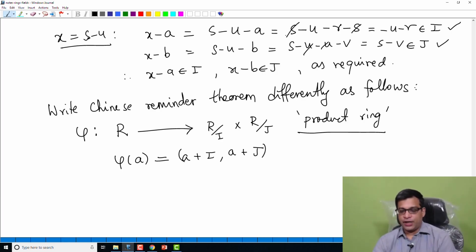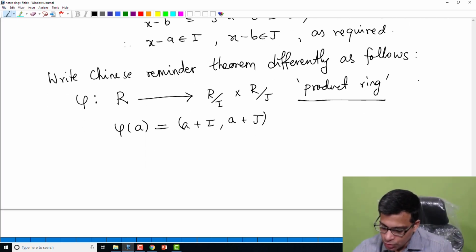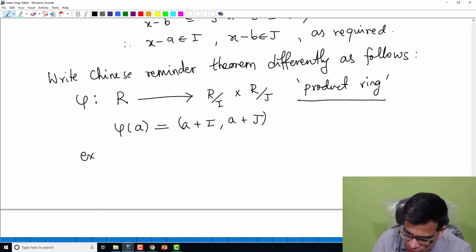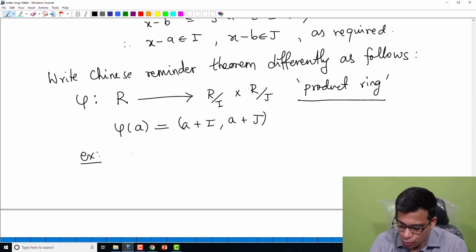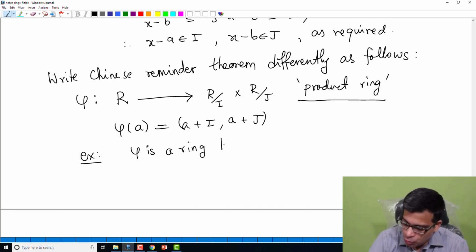First of all, I am defining a set map from R to R mod I cross R mod J, where I send a ring element to the residues of that ring element in R mod I and R mod J. And it's an exercise which I will not do and I will ask you to do. This is a very easy exercise: phi is a ring homomorphism.